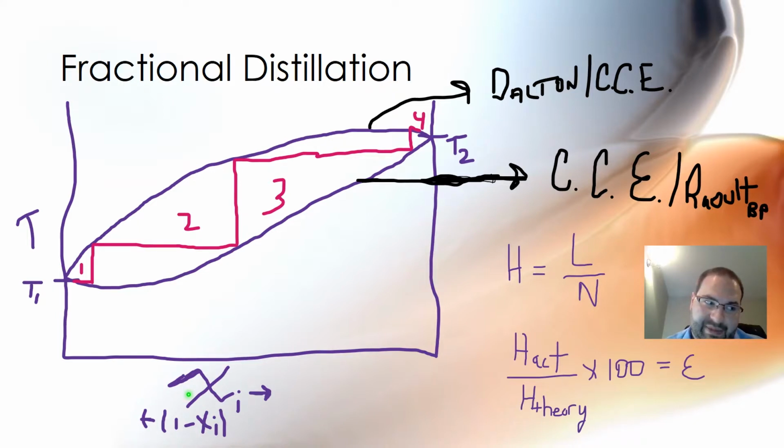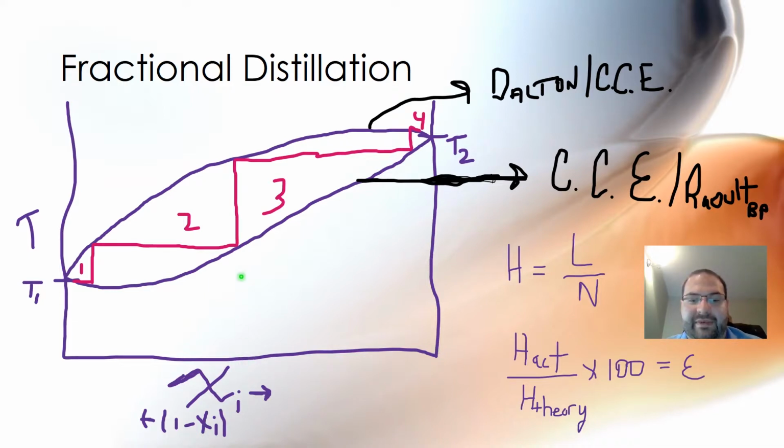Now, it depends on what mixture you start with as to how many you need to do the job. And you can do that graphically by, let's say I had a 50-50 mixture and I wanted to know how many theoretical plates I need to take one of the components to 100%.